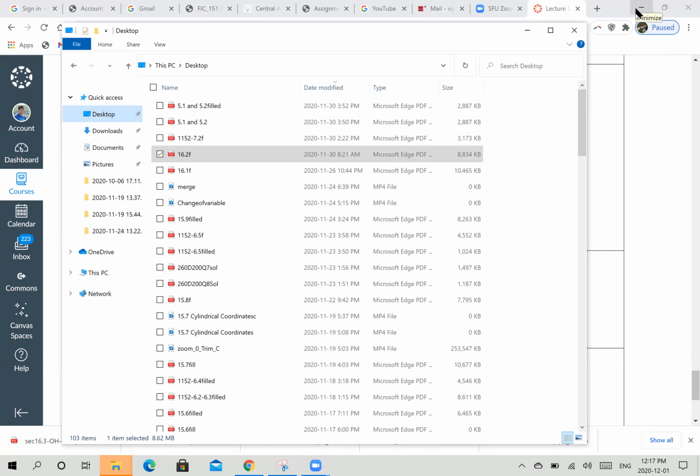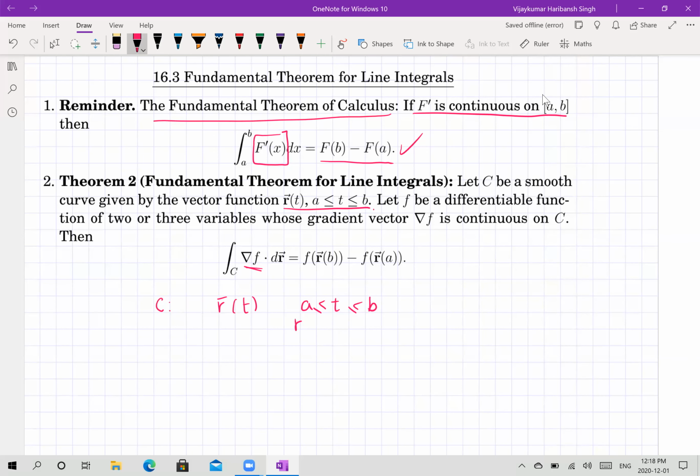r(a) is the initial point of your curve C. So this is how your curve C is. The vector equation is given by r of t.